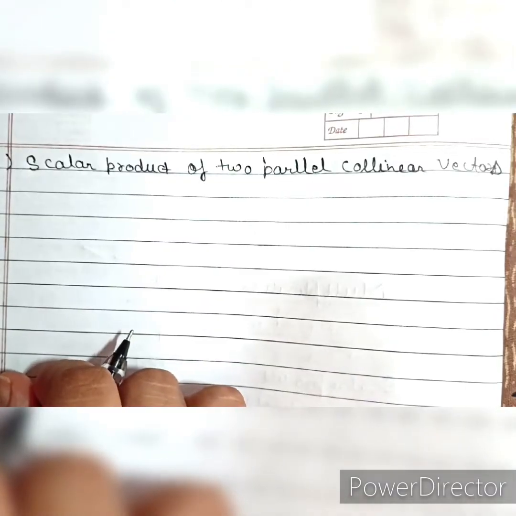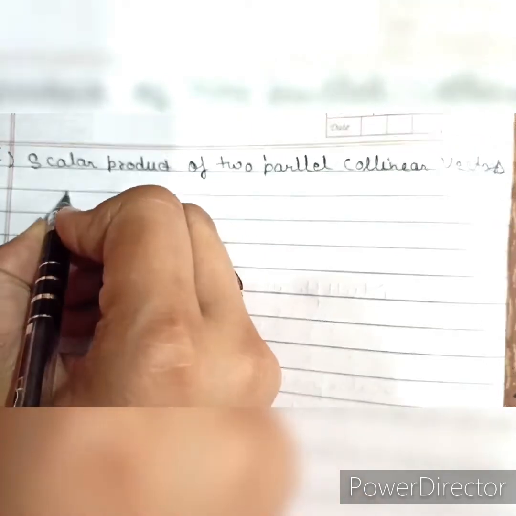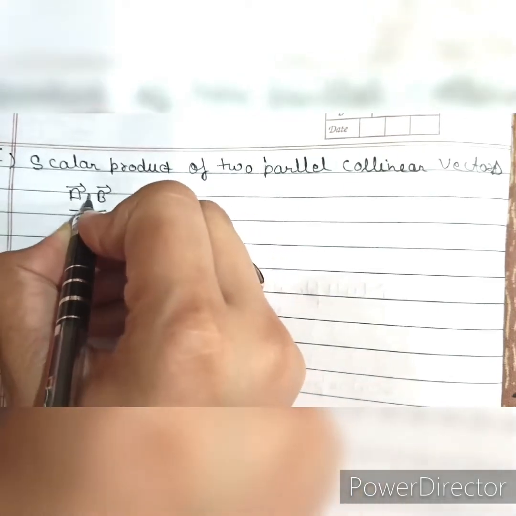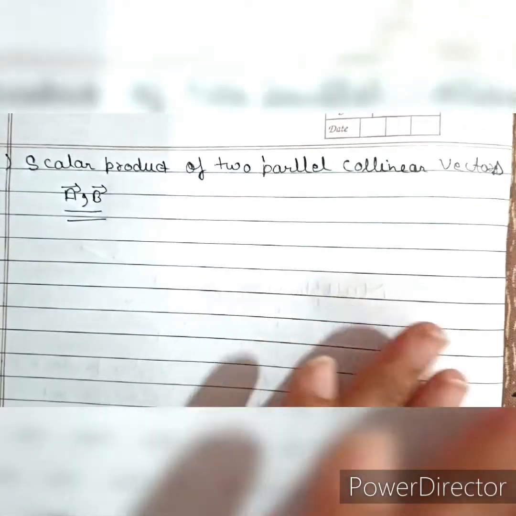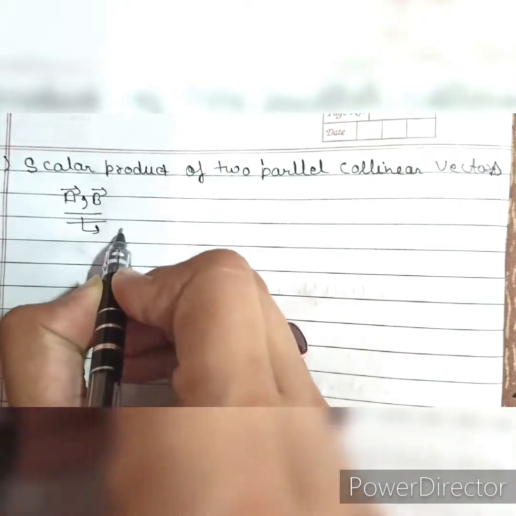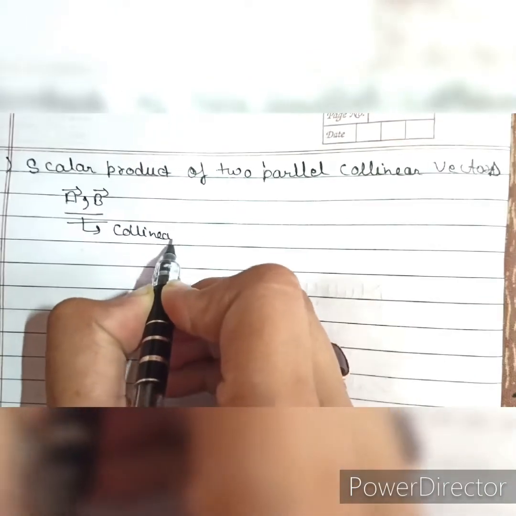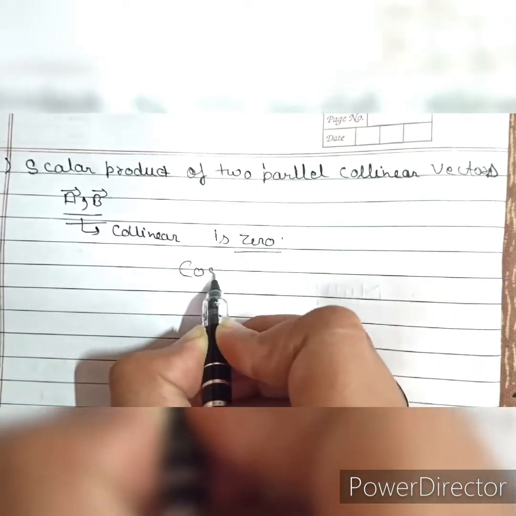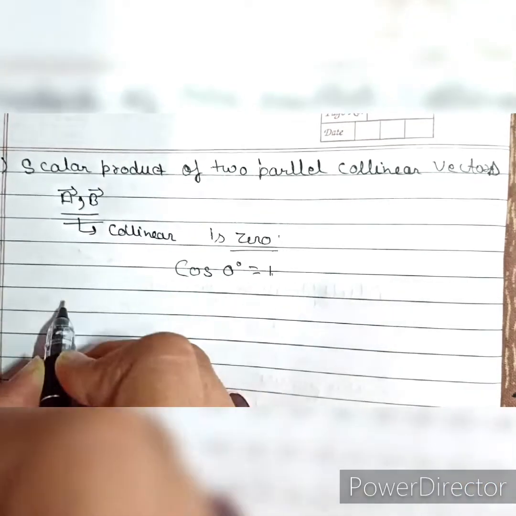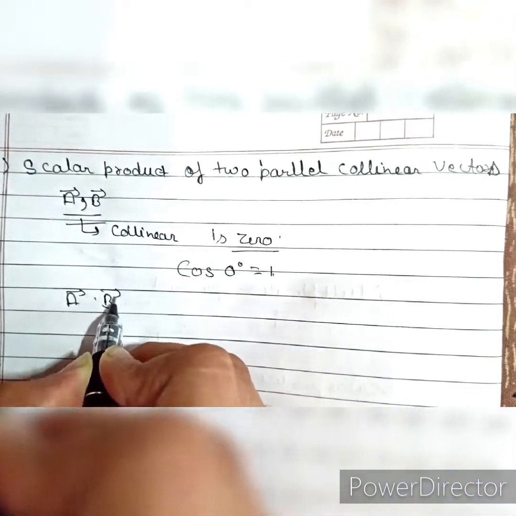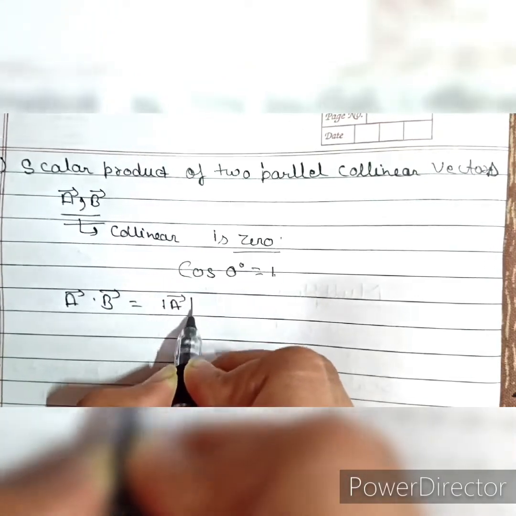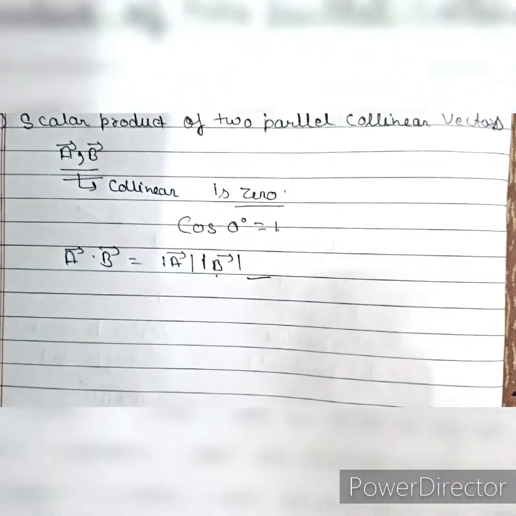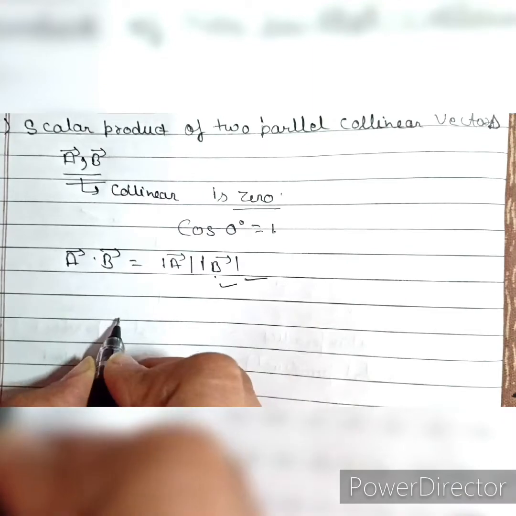The second property is the scalar product of two parallel or collinear vectors. If two vectors A and B are parallel and collinear, then the angle between them is 0, and we know that cos 0 is equal to 1. So A dot B is equal to magnitude of A and magnitude of B. Both vectors are parallel, so their magnitudes are the same.